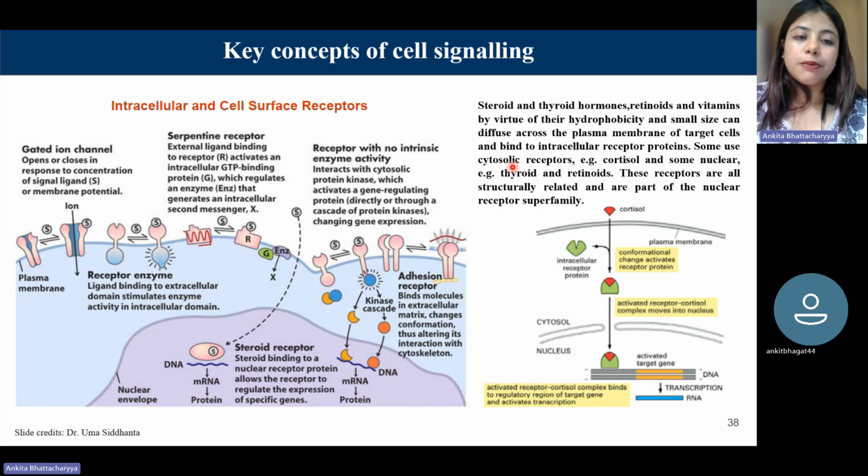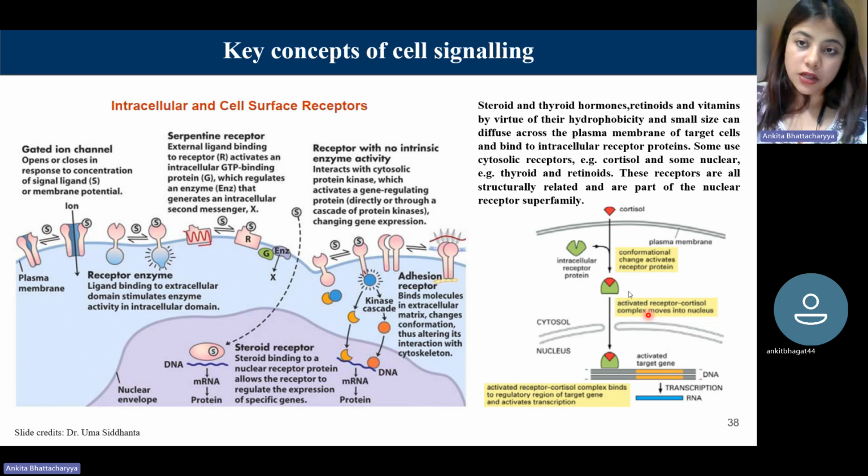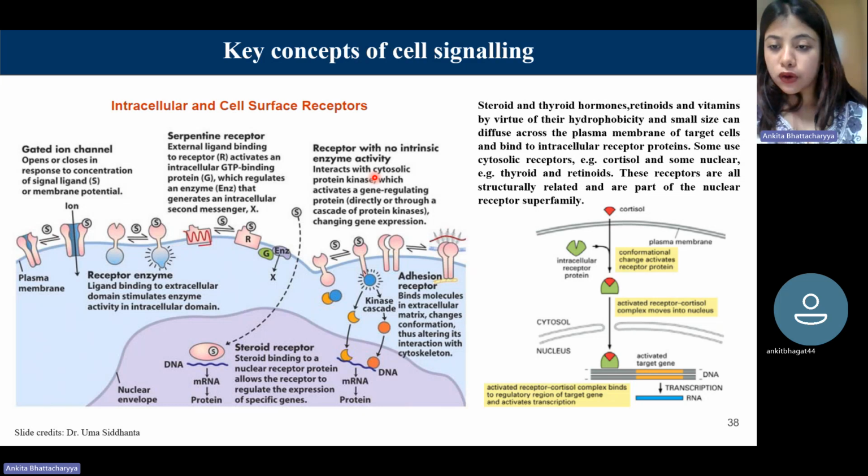Furthermore, we had discussed that receptors can be of different types, starting off from receptor enzymes, which involve the big class of RTKs, which we have been discussing, and serpentine receptors, the major example of which we studied in the last class, which is GPCRs, or G protein coupled receptors. Then we also understood receptors that do not have intrinsic enzyme activity, and that included Janus kinases or the JAK-STAT signaling pathway.